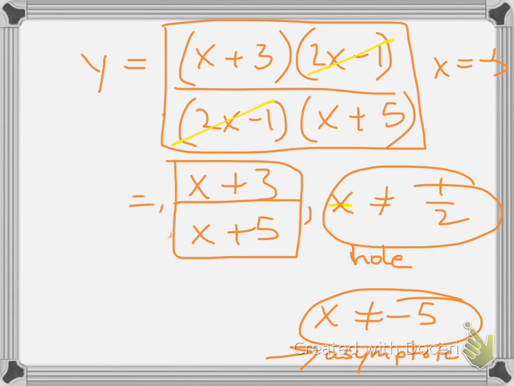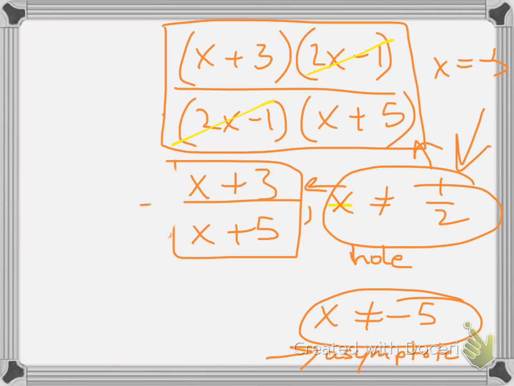Yeah, Griffin. Which one has to be excluded? The 1/2. Because it's the hole. Because 1/2 breaks this part, but it doesn't break this part. Negative 5 doesn't have to be excluded. It does graphically, but if we were just talking about an expression, it doesn't have to be excluded because negative 5 breaks everything. So they're equal.